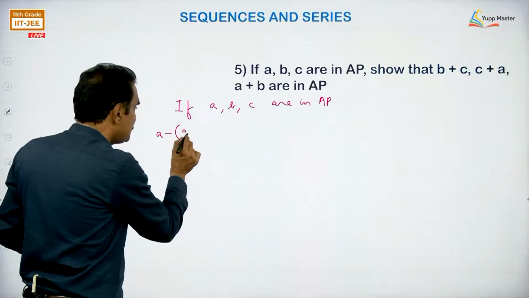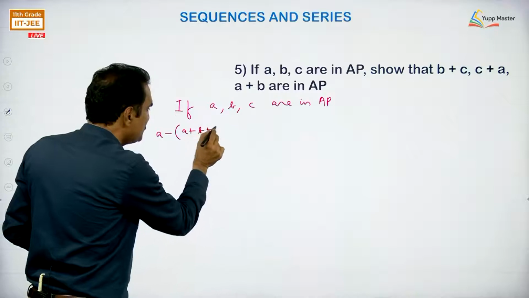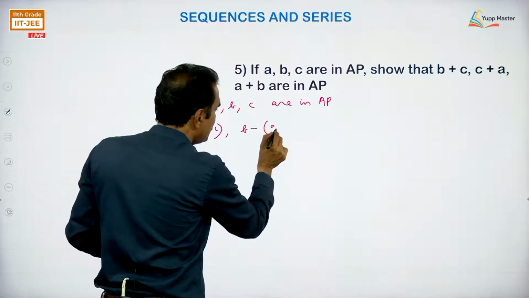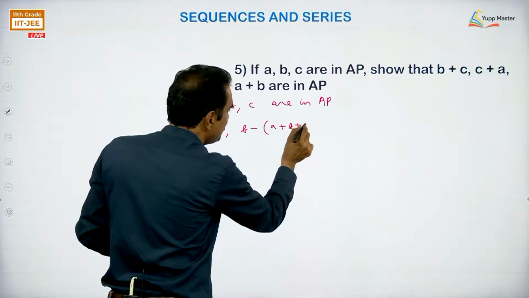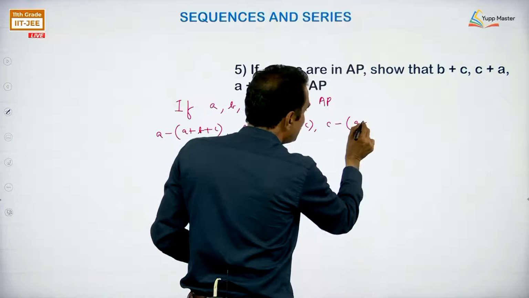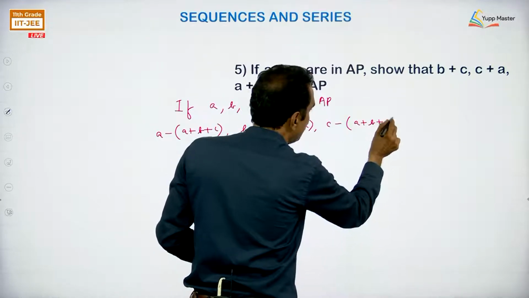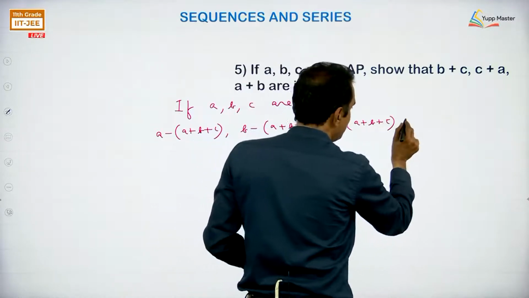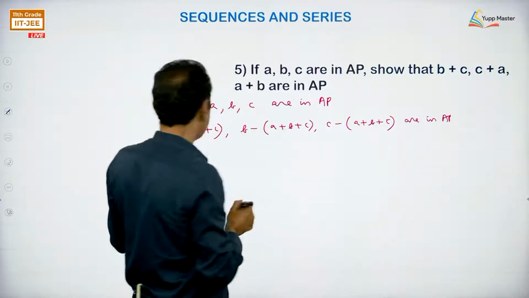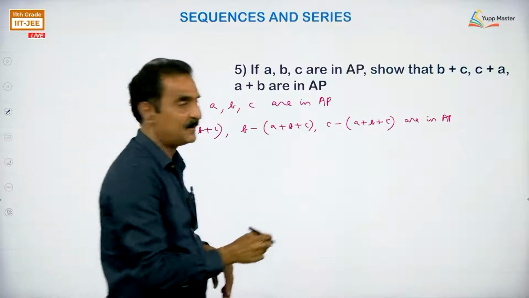A minus of (A plus B plus C), comma, B minus of (A plus B plus C), C minus of (A plus B plus C) are in AP. Because I have subtracted the same number from every term.